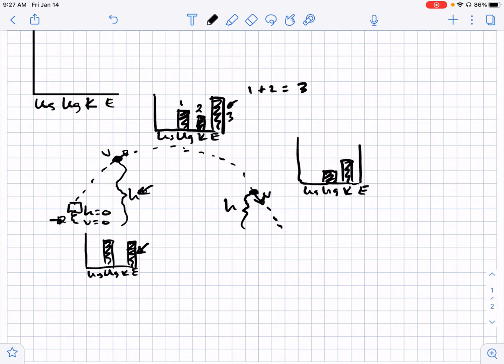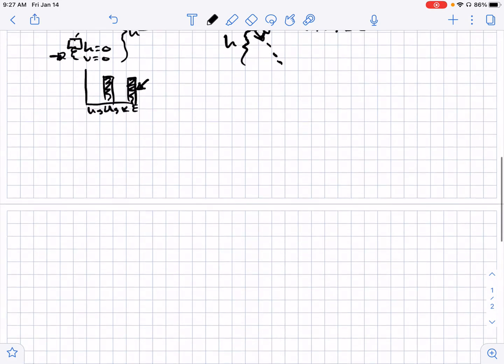But again, the total energy should be the same as it was in the other two situations. So the energy bar charts are good at describing the types of energy in various locations within a system. Let's do one more.